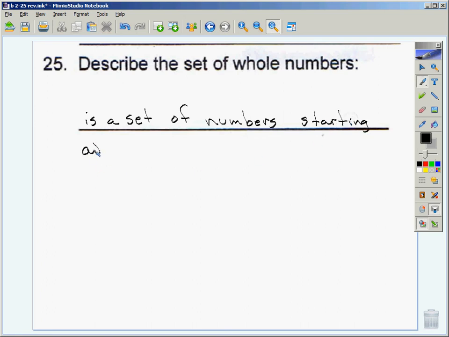Starting at 0. 0 is in that set. And increasing by how much? Increasing by 1s. In other words, 0, 1, 2, 3.